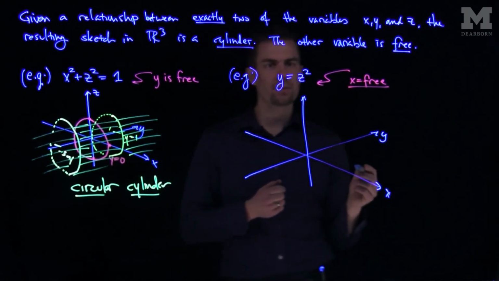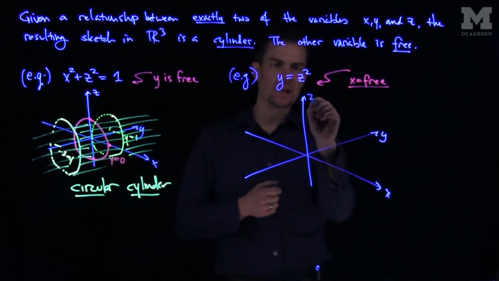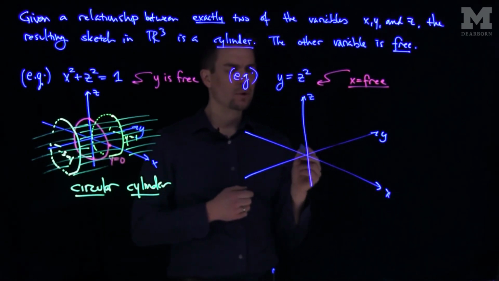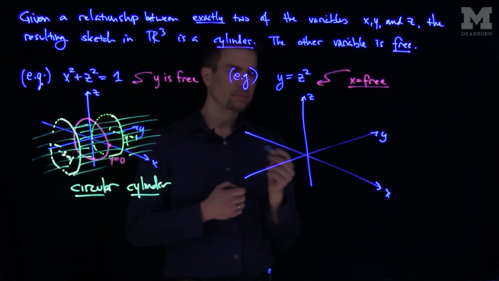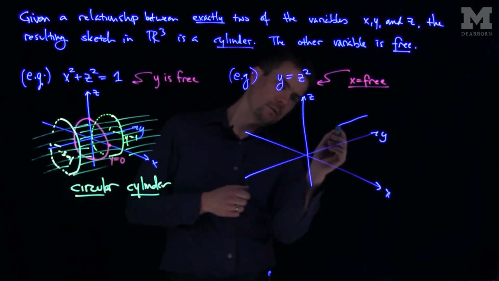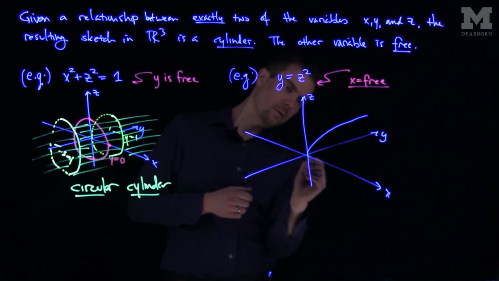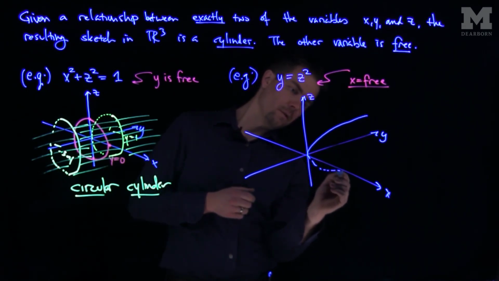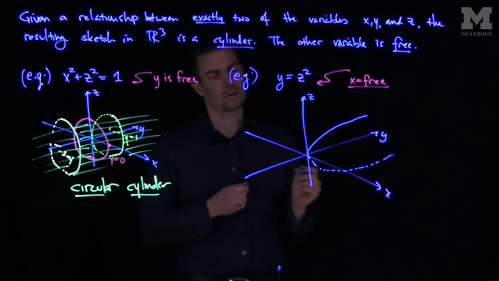And now in the yz plane, I know that y is equal to z squared. So what does y equals z squared look like? Well, it would look something like this. That parabola.